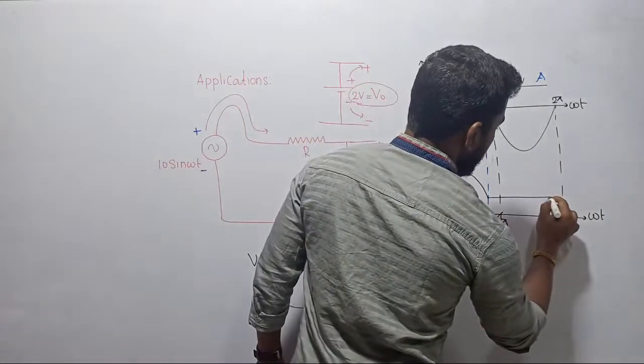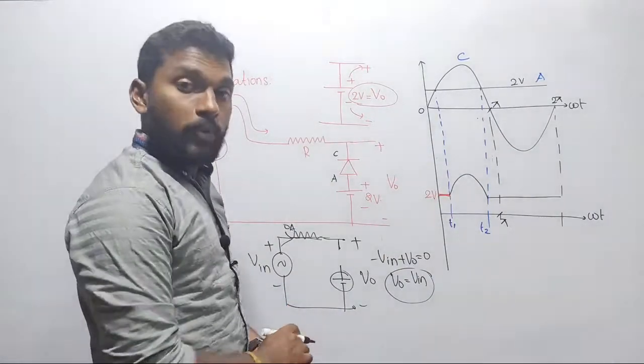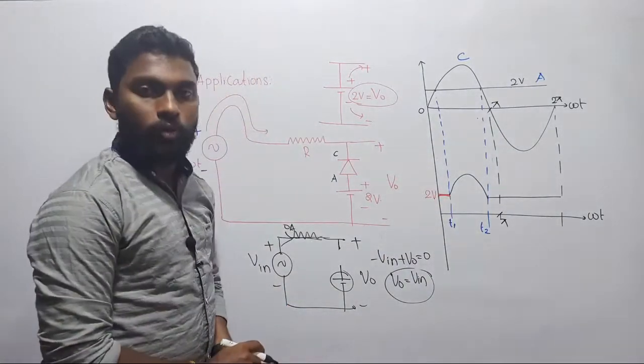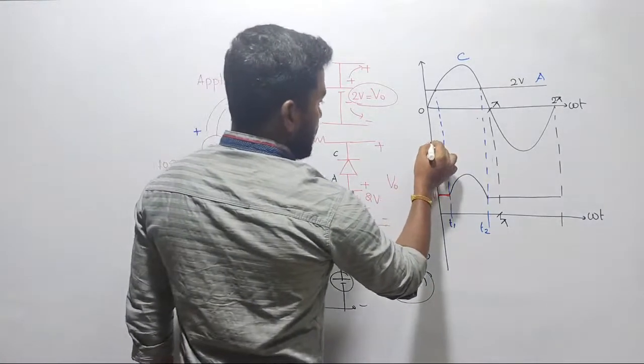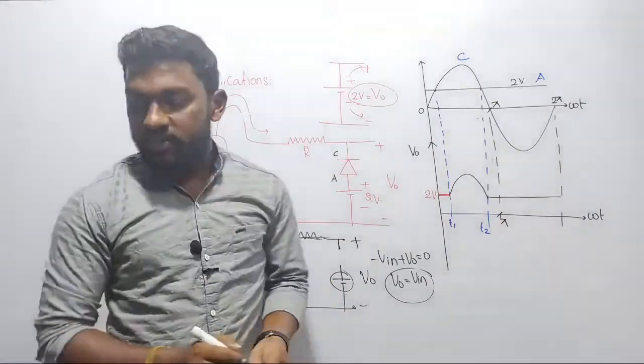We can fix it. Any mistake? No. So you please tell me, how will you draw? This is output voltage, it's over, right? So our next target is we have to draw the transfer characteristics. Try it by yourself and then check it with our answer.